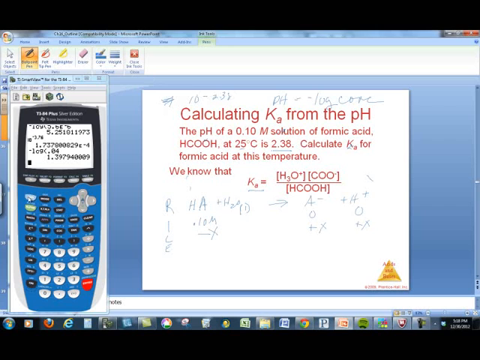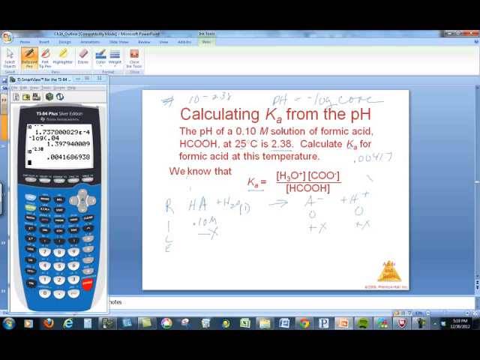So I can do second 10 to the x, minus 2.38, and I get that the hydrogen ion concentration is 0.00417, and I'm going to put that whole thing in there, and then fix my sig figs later.